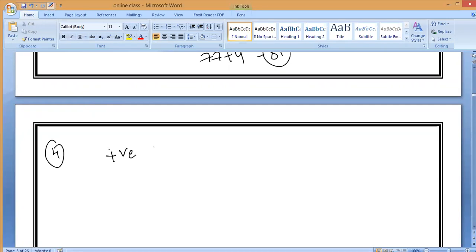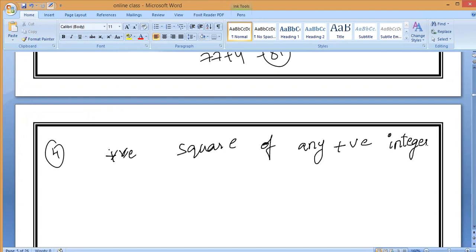Here it is given: square of any positive integer. Square of any positive integers means 1 square, 2 square, 3 square, 4 square, and so on.